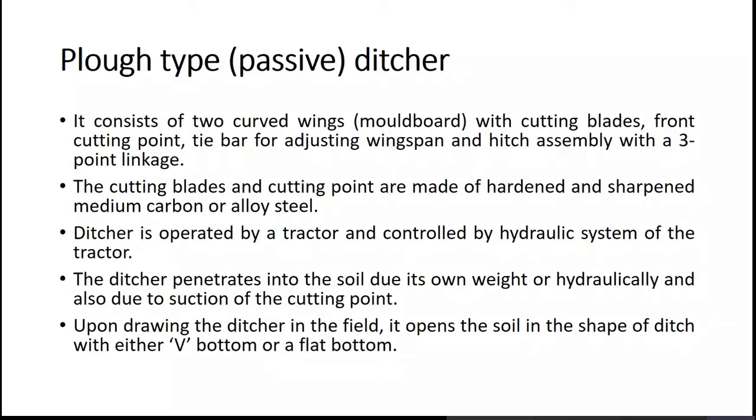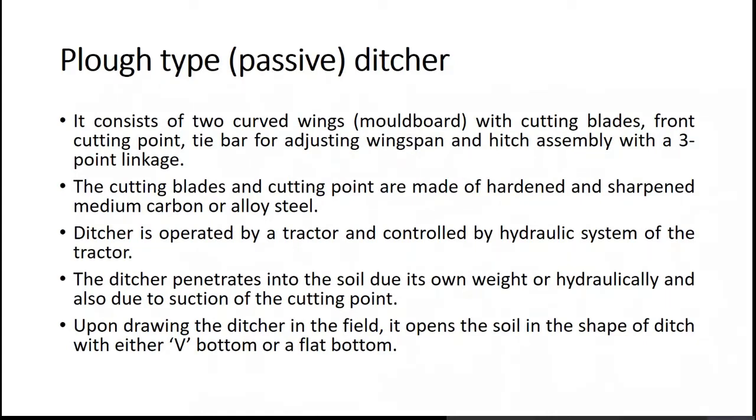and also due to suction of the cutting point. Now, suction of the cutting point means there is a small angle through which the plow enters into the soil. Because of that angle, some suction is created.